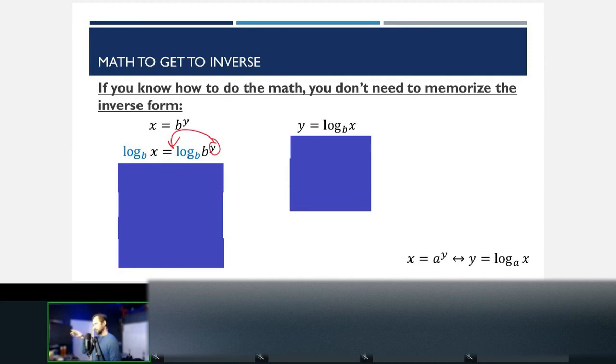So log base b of b raised to the y power, the exponent can move to become a coefficient. So now it's y times log base b of b. That is a log property, and we will talk more about that in the coming days, along with today. And vice versa. If you have the coefficient y, so y times log base b of b, that coefficient or scalar can move from the front back to the exponent.